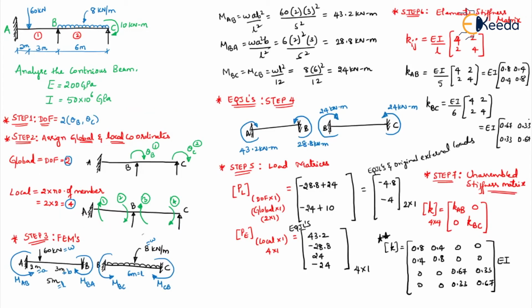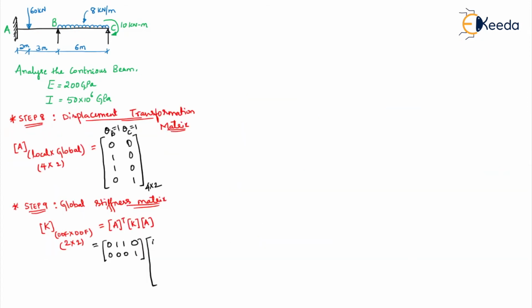This is your K matrix, a 4 into 4 matrix: 0.8, 0.4, 0, 0; 0.4, 0.8, 0, 0; then 0, 0, 0.67, 0.33; 0, 0, 0.33 and 0.67. This will be multiplied by EI. Then along with this, what do you need to multiply? The A matrix. A matrix is as it is, what you have written here.